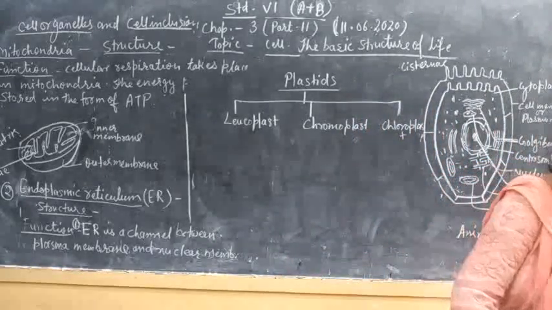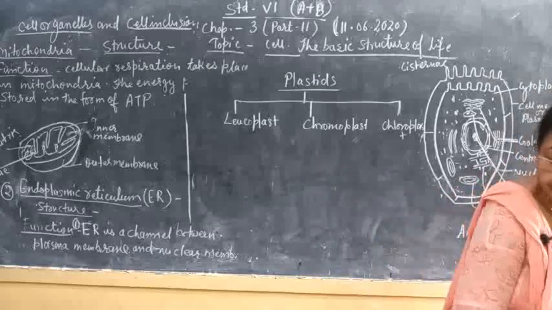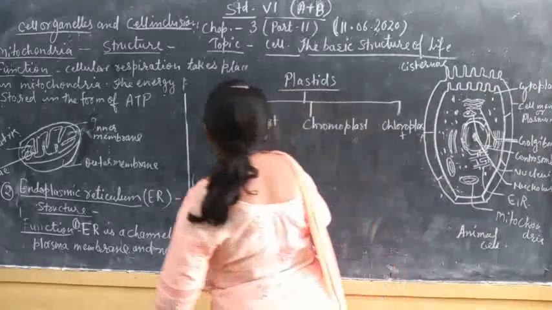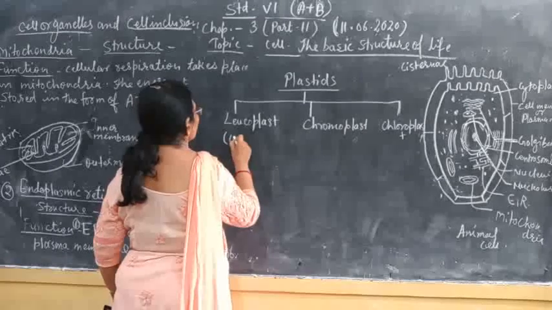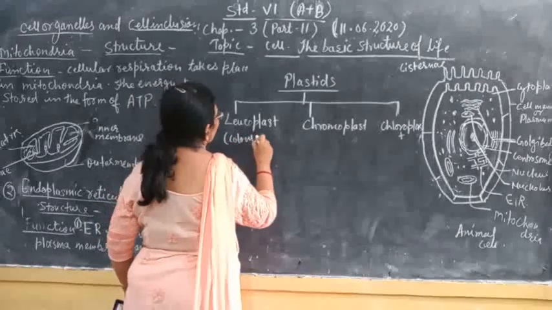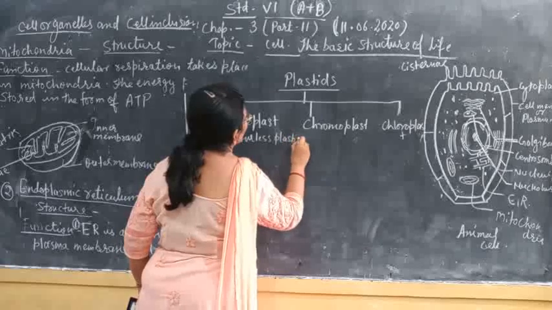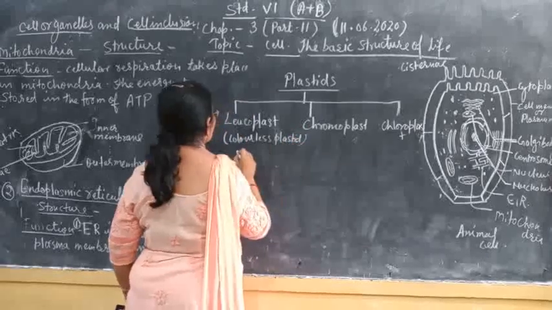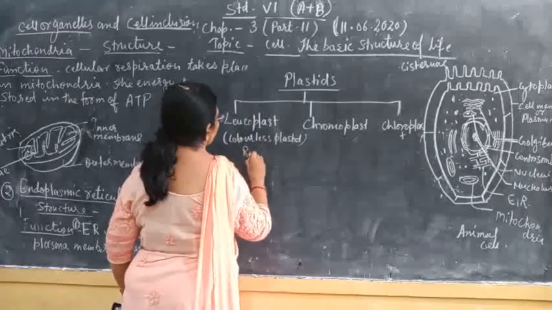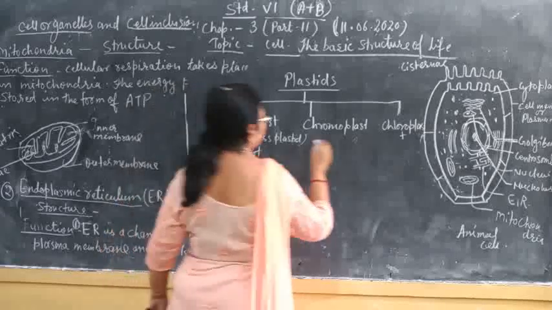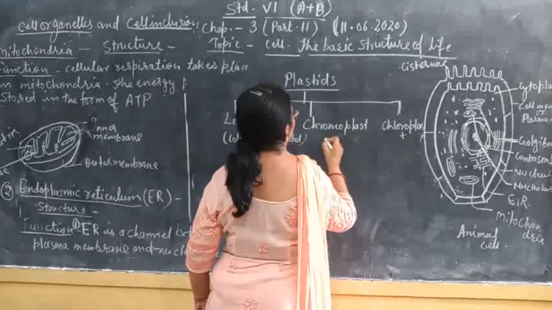Leucoplast is a colorless plastid found in roots. Chromoplast is a colorful plastid.